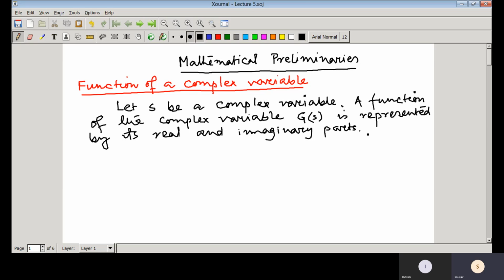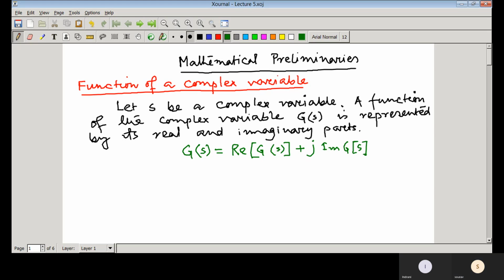So whenever you have a function G(s), where s is the complex variable, we can represent it by the real part of G(s) and the imaginary part of G(s). You all know those things.